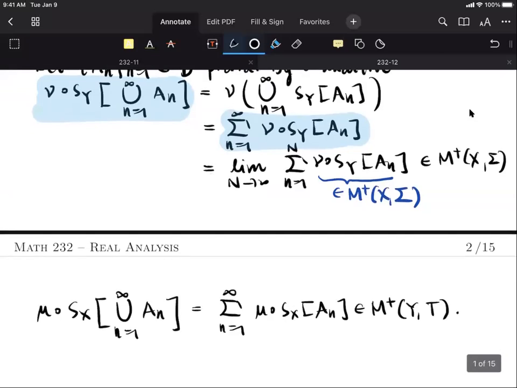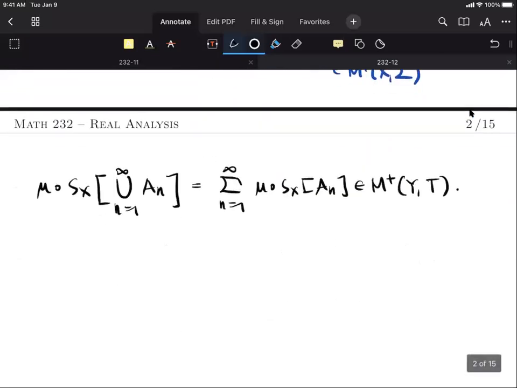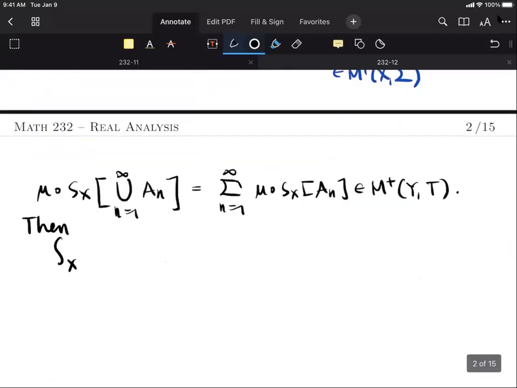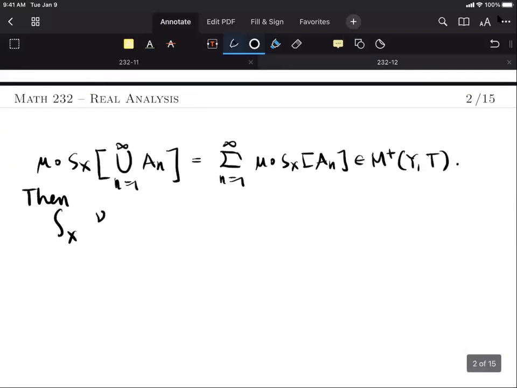Okay, so let's start with the section on y. So that's the integral over x of this section on y. So let's copy the left hand side. So that's mu of Sy of the union.